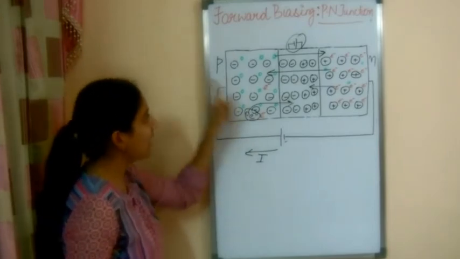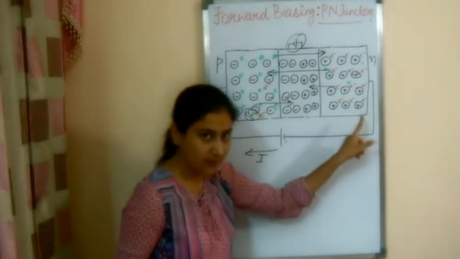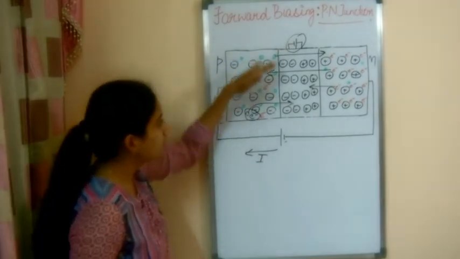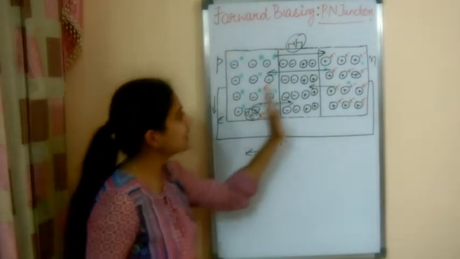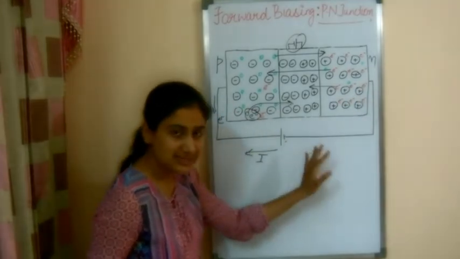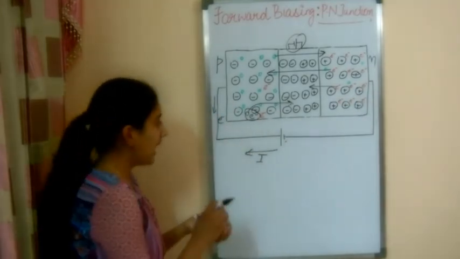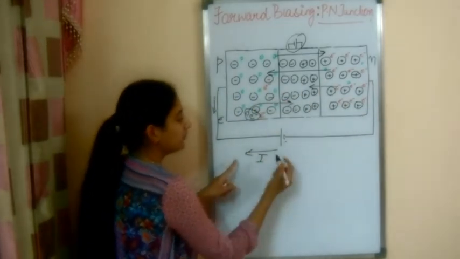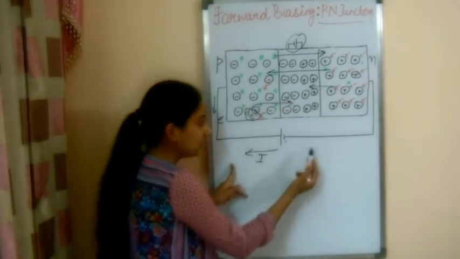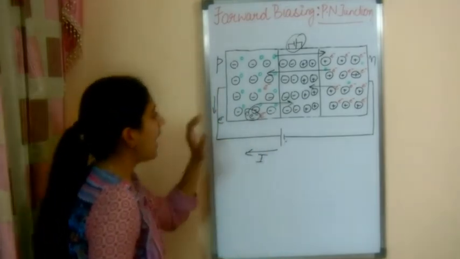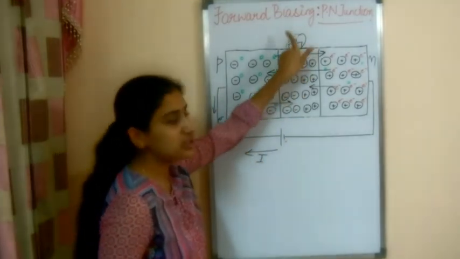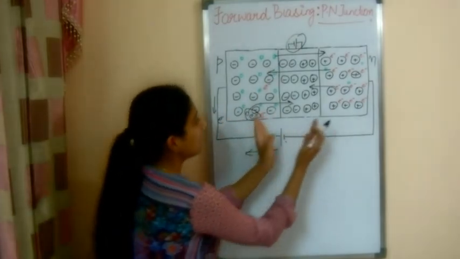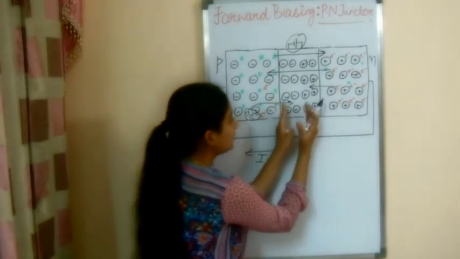So when the PN junction is forward biased, the fictitious battery's height becomes lower and there is a flow of charges. That means current is formed, and we know that current moves in one direction, from the positive terminal to the negative terminal. And if the potential barrier has lowered, that means the depletion layer has reduced.